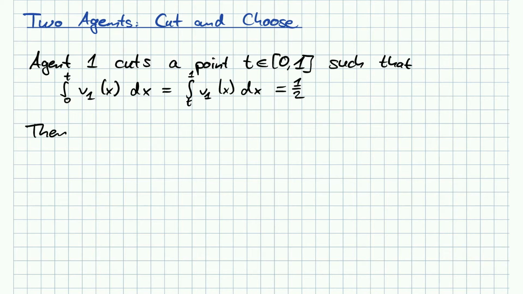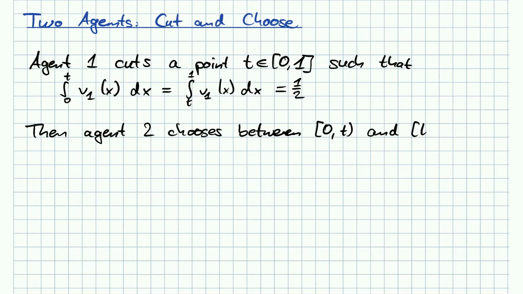Then agent 2 chooses between 0 to t and t to 1.